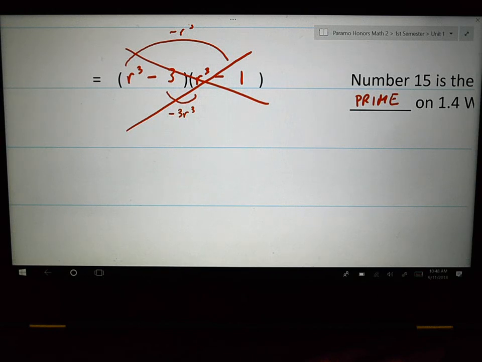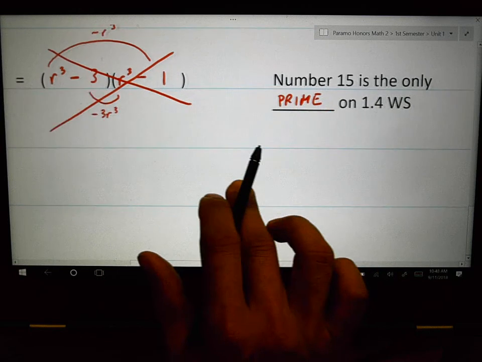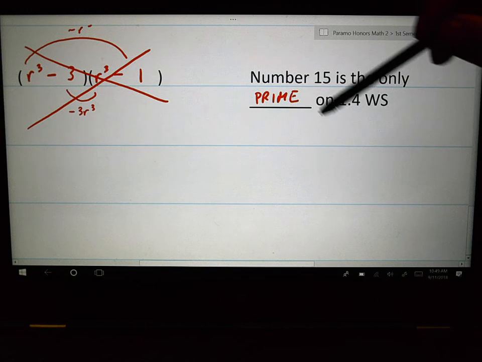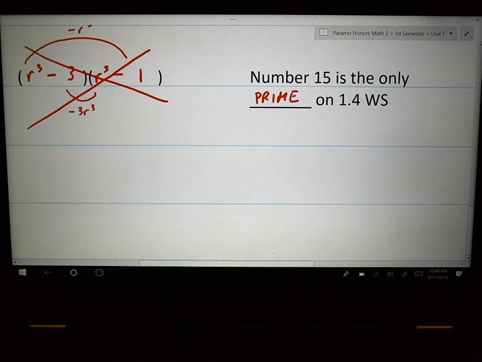And I say that to you because I'm not really sure if they meant to do that when they made this or if it's a typo. But maybe it's good for us to just talk about it and say there are times where you're not going to be able to factor it. But I don't want you to think that the other ones are not factorable because you can. This is the only one that is prime. We're going to stop your notes right there.